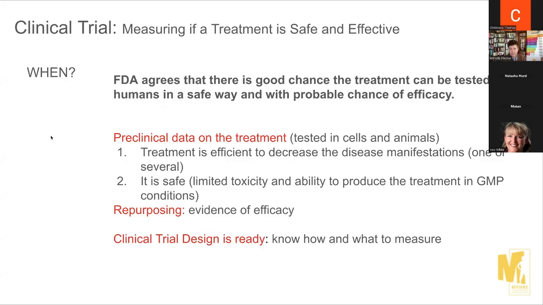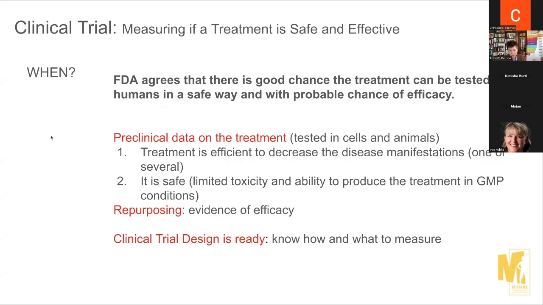If you want to treat in a chronic way Myhre syndrome in general, then it's several manifestations, and you need to have more proof that it's going to change the patient's life in different types of issues that they have. So those are two different types of proof.